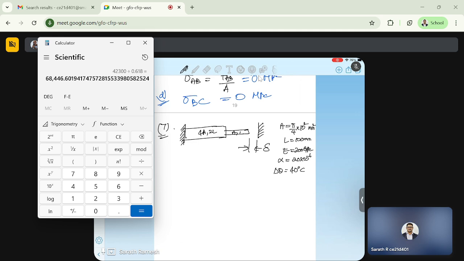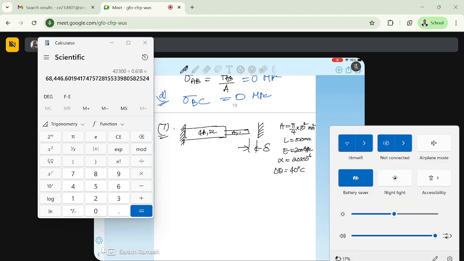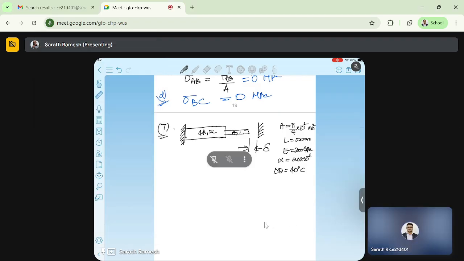So we need to find two things. One is the minimum gap required for no internal stress, zero internal stress.